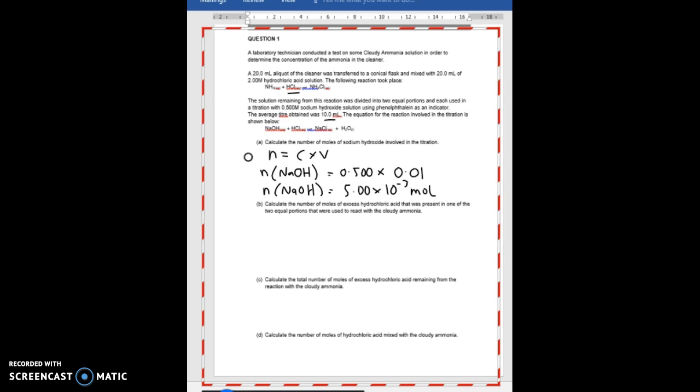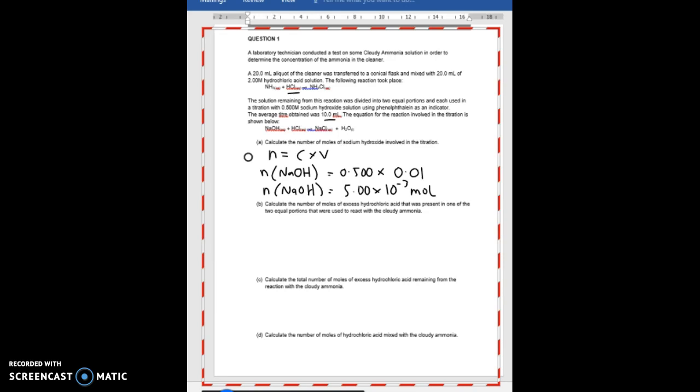Okay, so part B of the question asks, calculate the number of moles of excess hydrochloric acid that was present in one of the 2 equal portions that were used to react with the cloudy ammonia. So this is just working out our molar ratio.